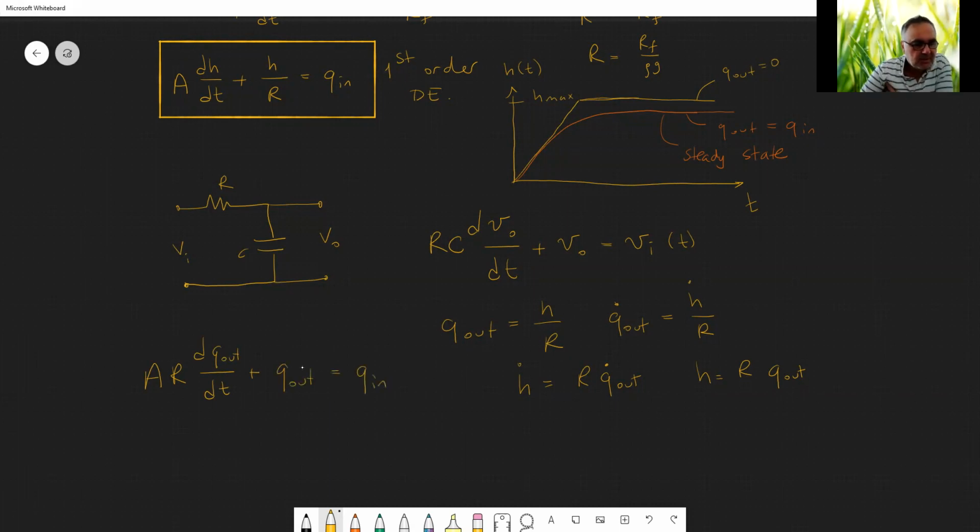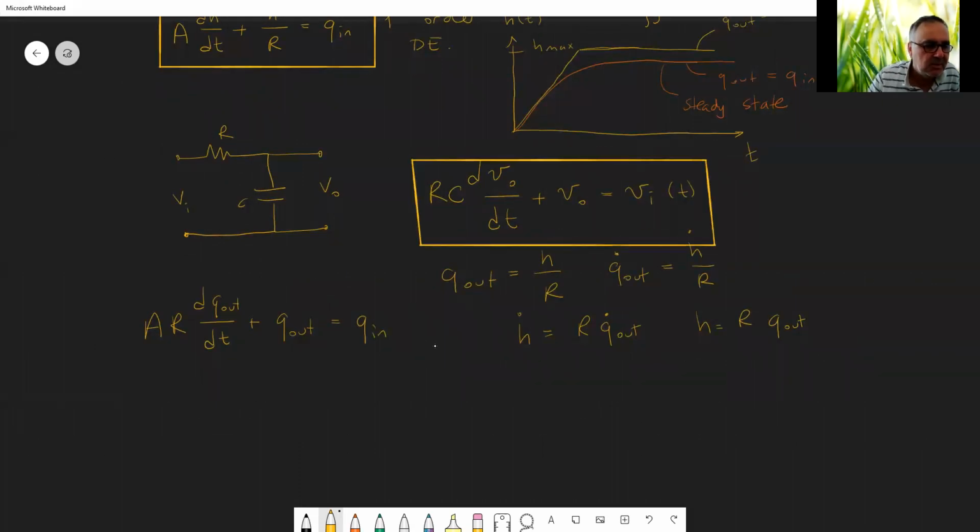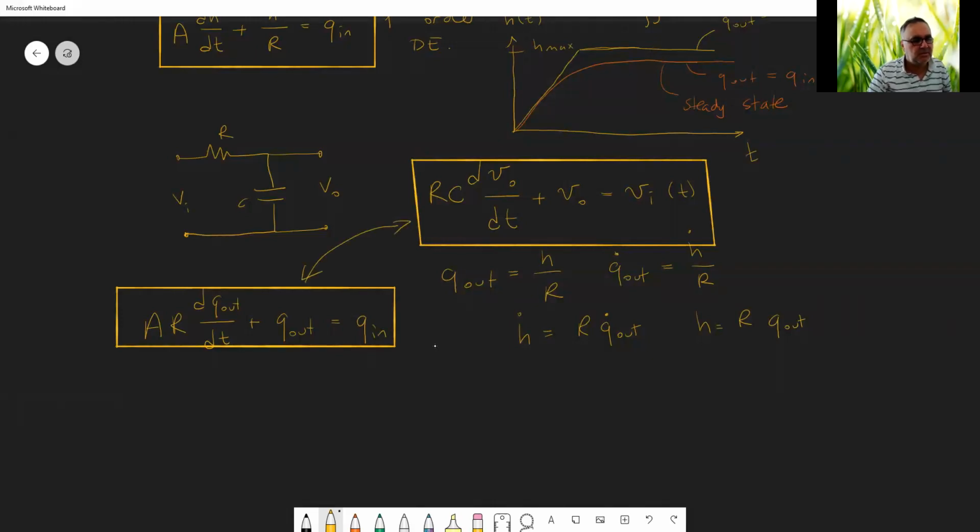Okay. Look at these. This is the equation for the resistance and capacitance system. And this is the equation for the tank. As you see, they are very, very similar to each other in terms of variables. So this is the electrical equation. This is the tank equation, the fluid equation.